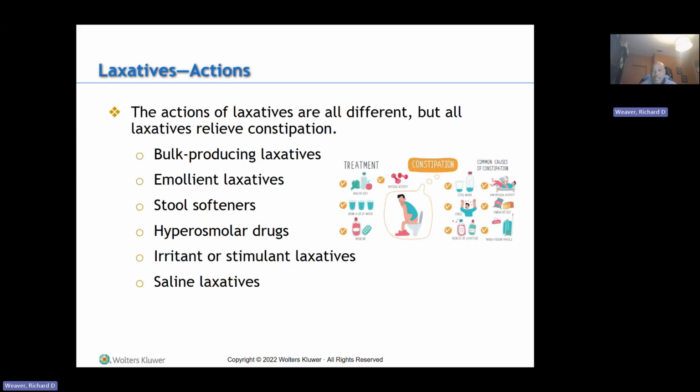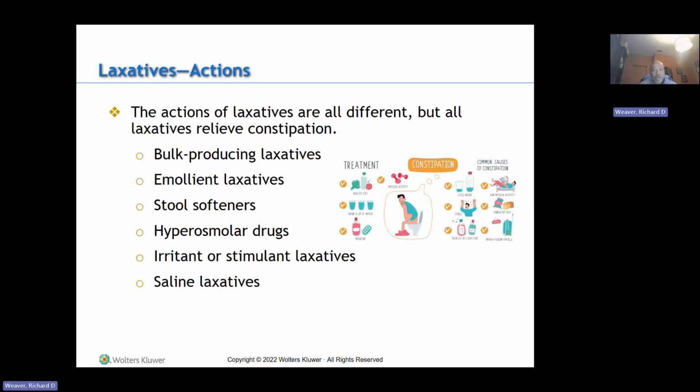They do different things here. But what they all have in common is that they do relieve constipation. They may just do it in different ways, but they do relieve constipation. Now, the manner of action of the various laxatives is explained in more detail in box 39.1. So I want you to take a look at that.